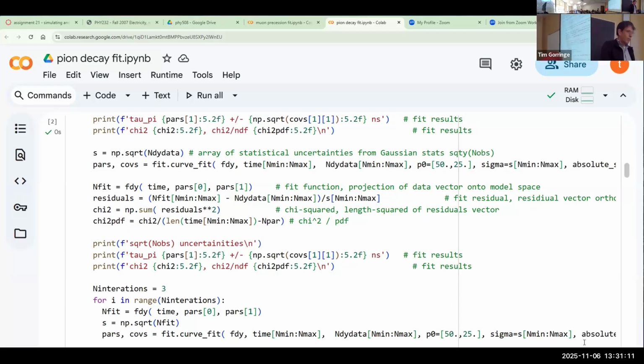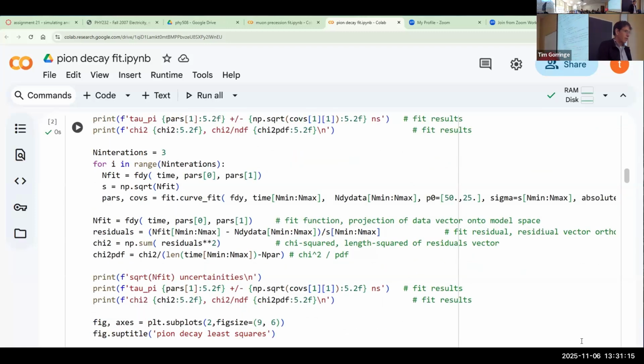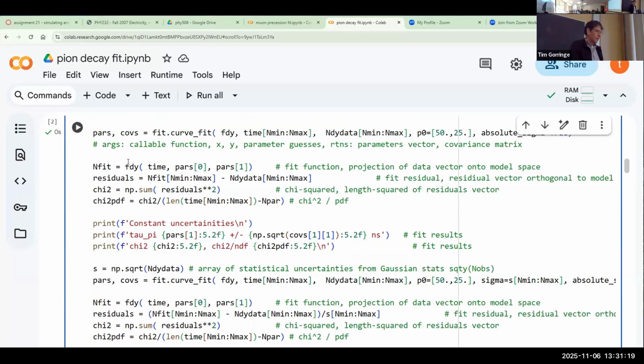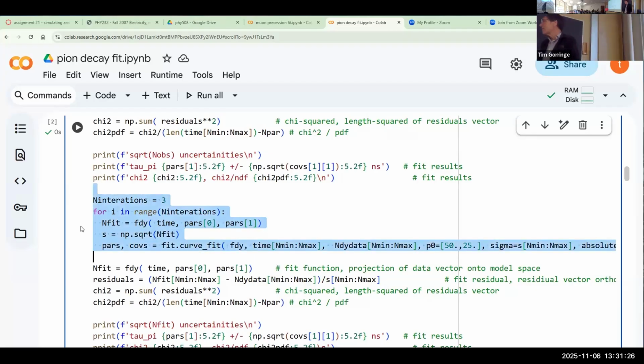Okay, then I'm going to have one more section where I'm calling curve fit. This third block of calling curve fit is here. It's a little more complicated because I can call curve fit multiple times in an iterative loop.